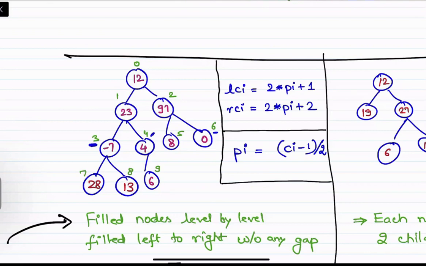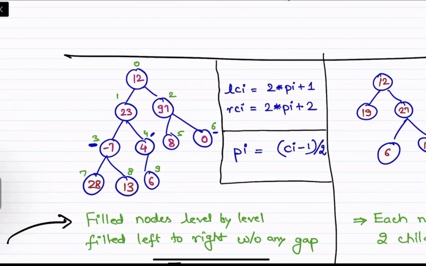If these formulas are known to us, is it easy to traverse this complete binary tree in a top-down manner? If you know the parent index, you know how to go to left and how to go to right. Same way, is it easy and convenient to traverse this tree in a bottom-up manner?